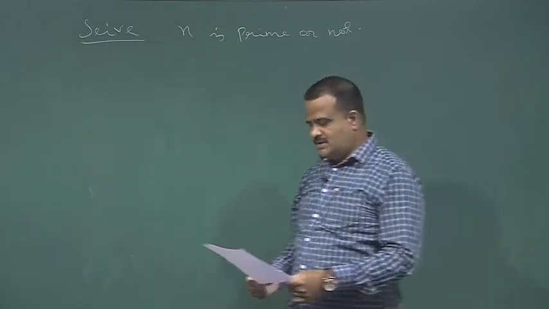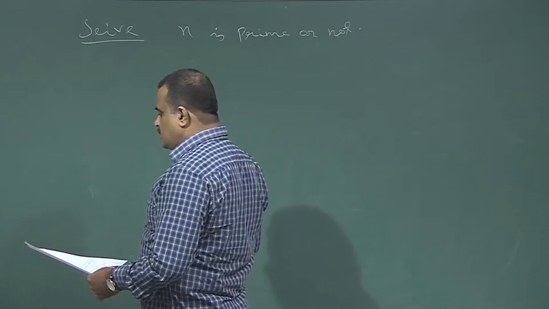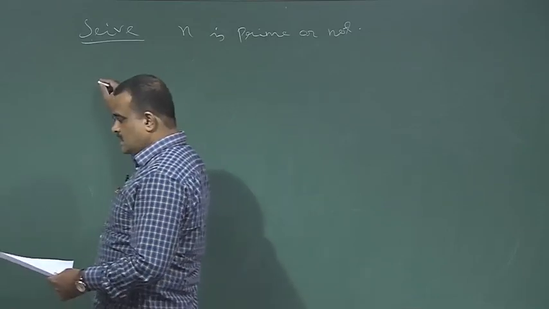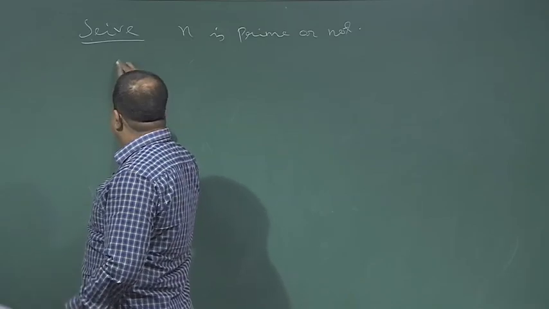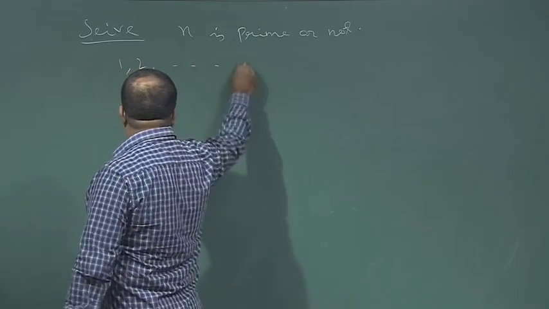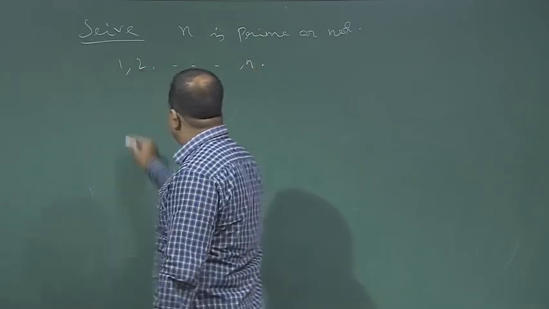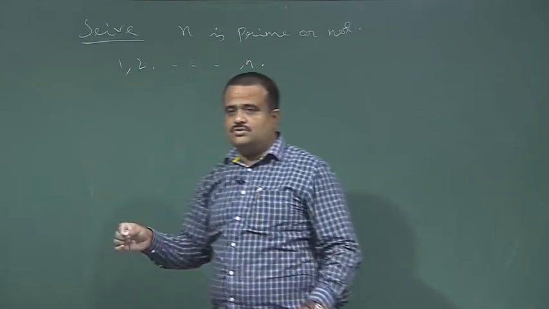the prime numbers. So, the idea is we take all the numbers, say from 1 to n, and then we remove all the composite numbers this way.